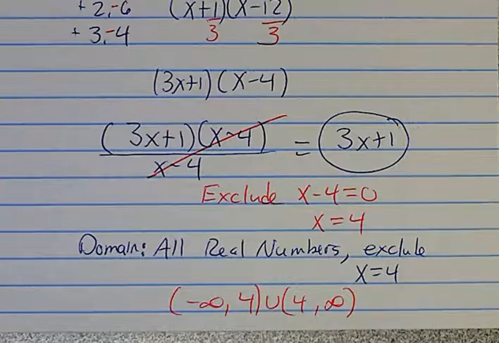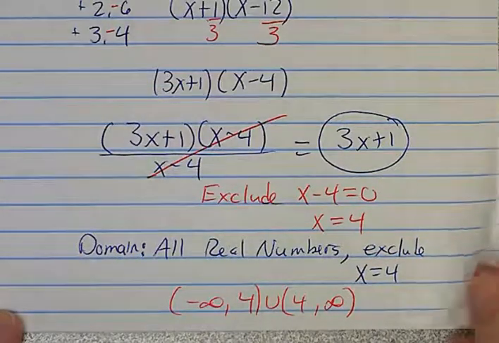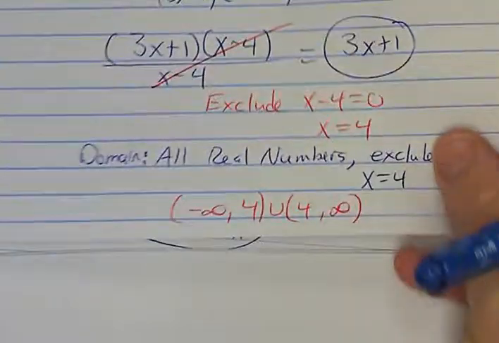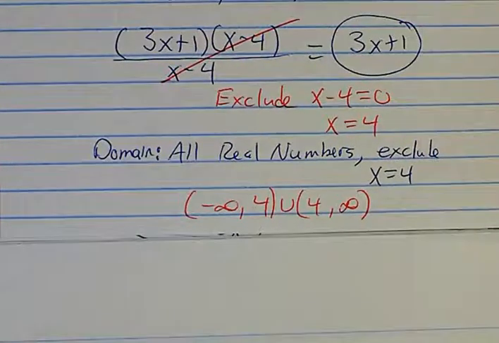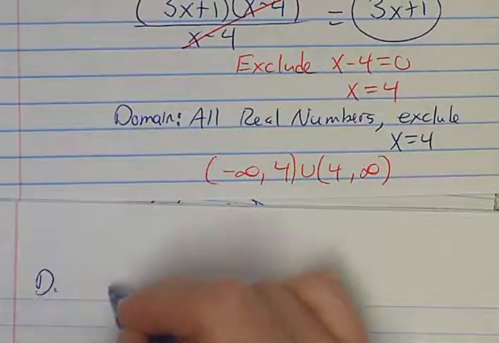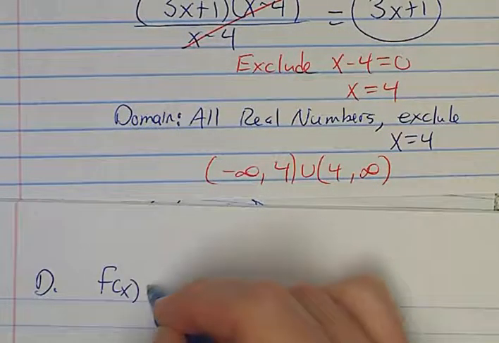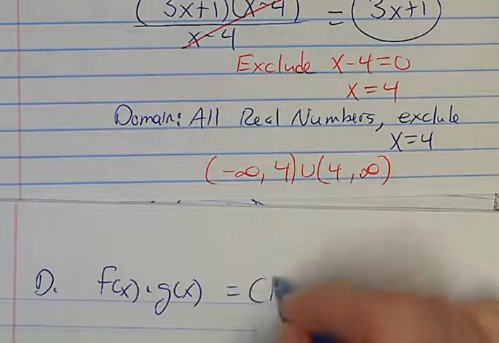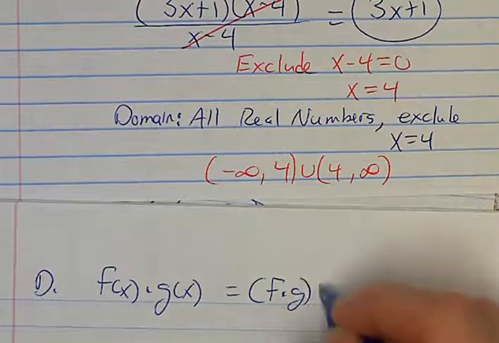Okay, and then the last example we'll do for this problem with those same two functions, f of x and g of x, is we're going to do multiplication just so that we can see it. So we're going to do f of x times g of x. Or again, they may have it written so it's f times g of x.